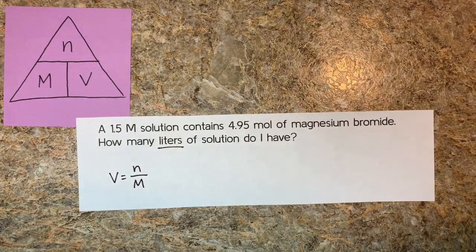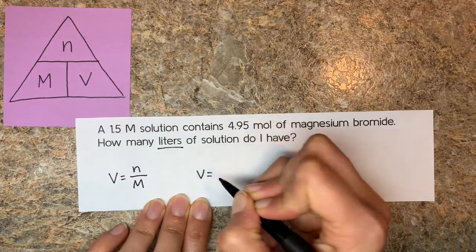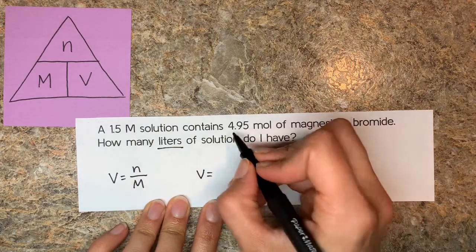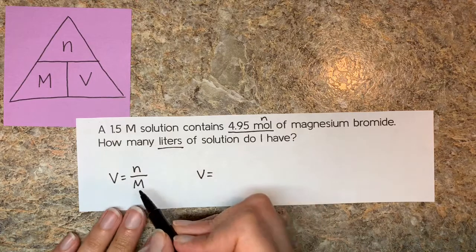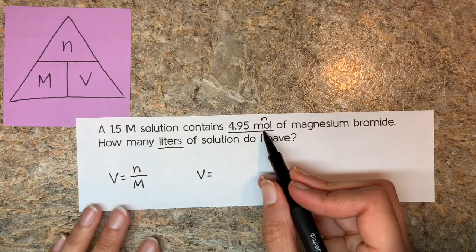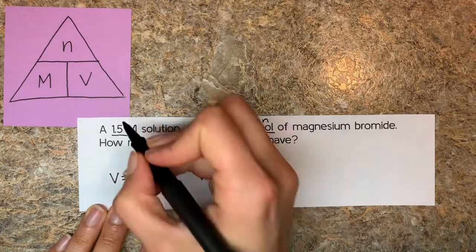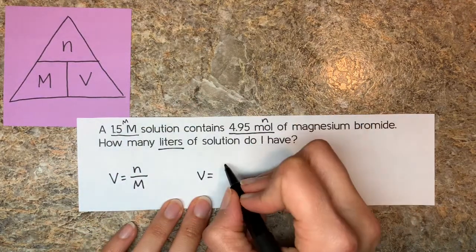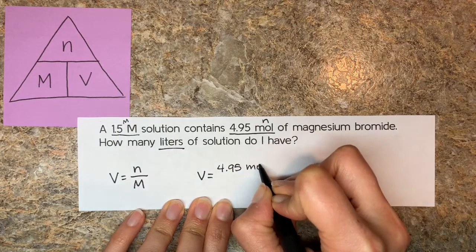Next, I'm going to find my known values and plug them into my equation. So V equals, my N is the 4.95 because it's moles of solute, and my M is the 1.5 molar. So my top number is 4.95 moles.